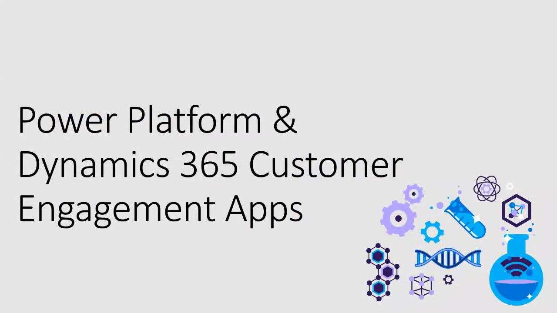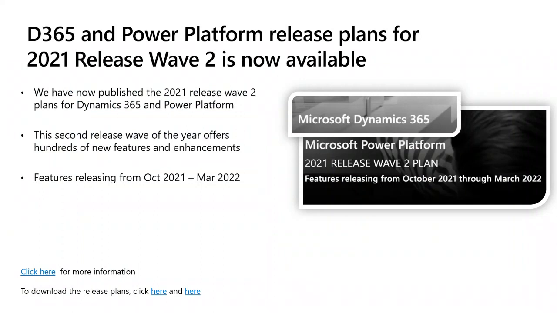Jumping into the customer engagement apps side of things. First, we wanted to make sure everyone was aware that the 2021 release Wave 2 is now available for Dynamics 365 and Power Platform. This is our typical release waves. This is the second one of the year.